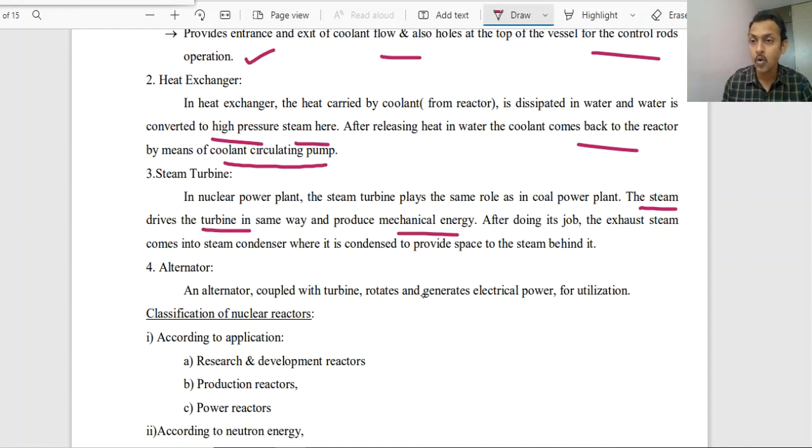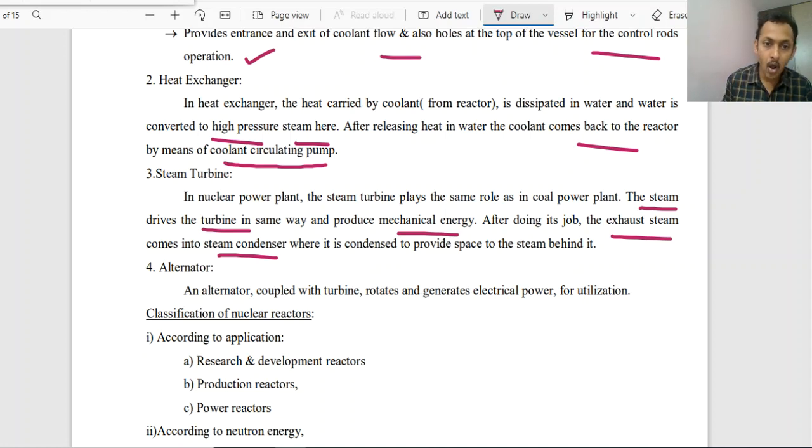That steam is called exhaust steam. That exhaust steam will be given to the steam condenser, which will condense the steam into water. Once that exhaust steam is removed, only then can the new steam enter the steam turbine.